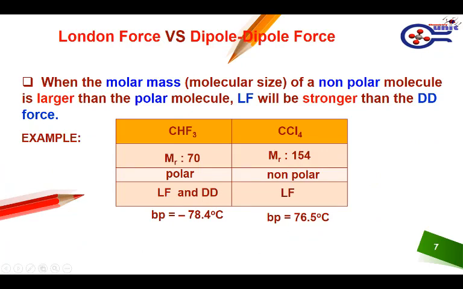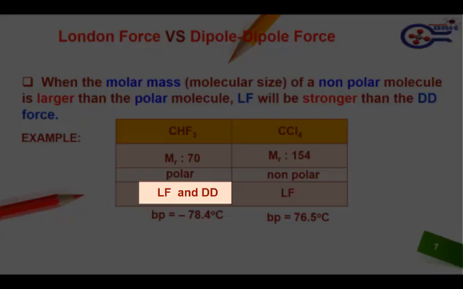Generally, dipole-dipole forces are stronger than London forces. But when the molar mass or molecular size of a non-polar molecule is larger than the polar molecule, London forces will be stronger than the dipole-dipole forces. For example, between CHF3 and CCl4, the boiling point of CCl4 is higher than CHF3.